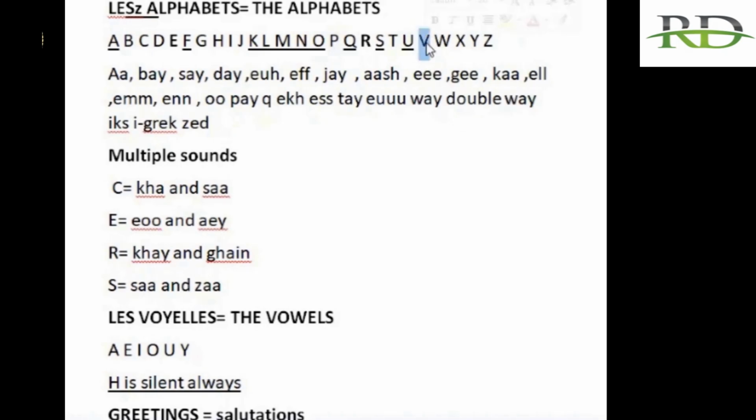V is called they. Okay, now in W, there are double V, right? So what do you say double? It's called double. And what do you say V? It's ve.